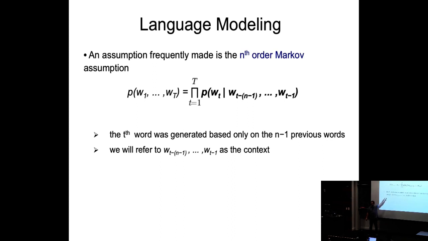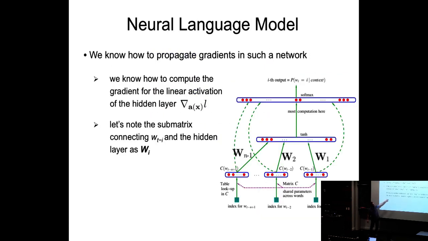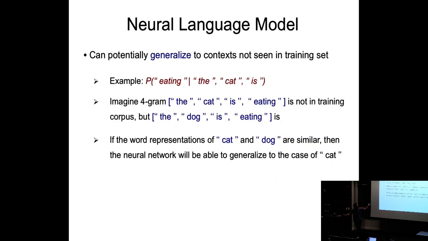All I'm trying to do in this particular context is find me these embeddings, whatever they might be, such that I can correctly predict the next word given the previous words. The similarity piece comes out naturally because, just like in this context, the cat is eating, the dog is eating, if they mean the same thing, you have the same predictions.